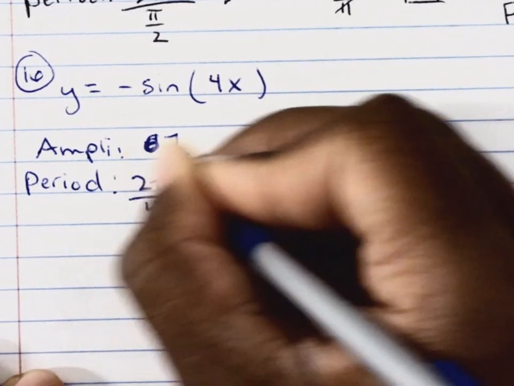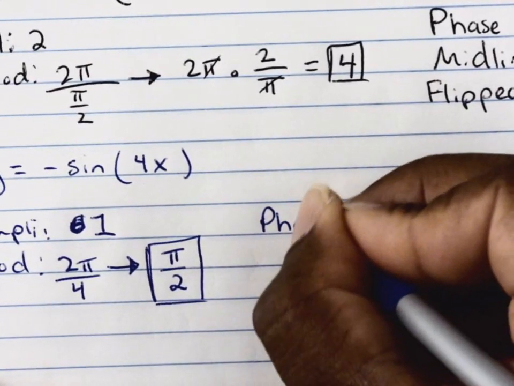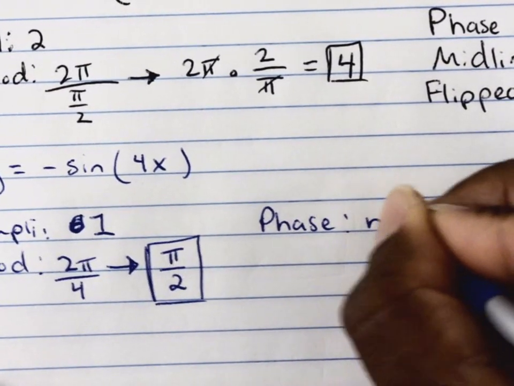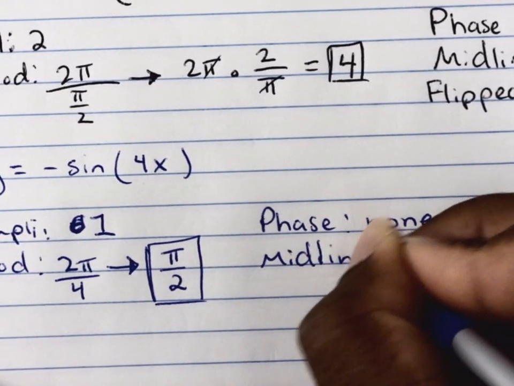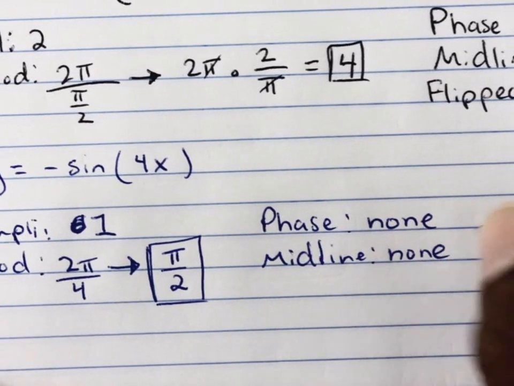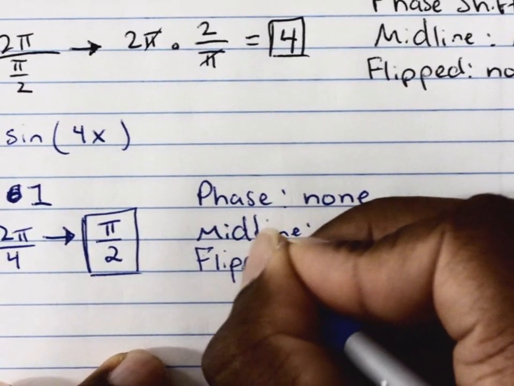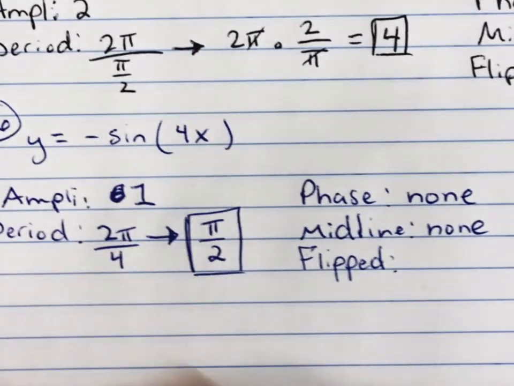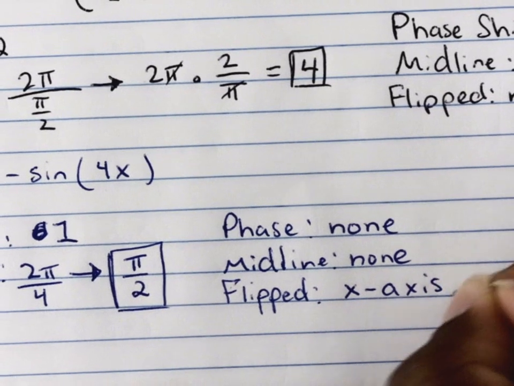So this will reduce to pi over 2. Phase, none. Midline, none. Flipped, yes, because the lead number is negative. A is negative, so that is the x-axis.